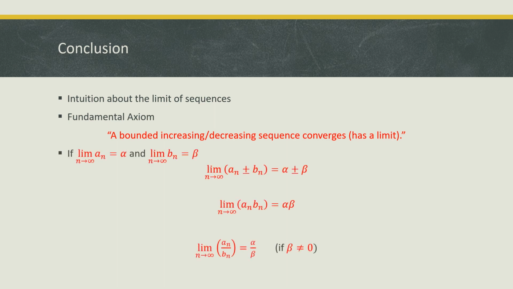In other words, the limit of the sum, the difference, product, and quotient of sequences are equal to the sum, difference, product, and quotient of the individual limits. In this case, the individual limits are alpha and beta.